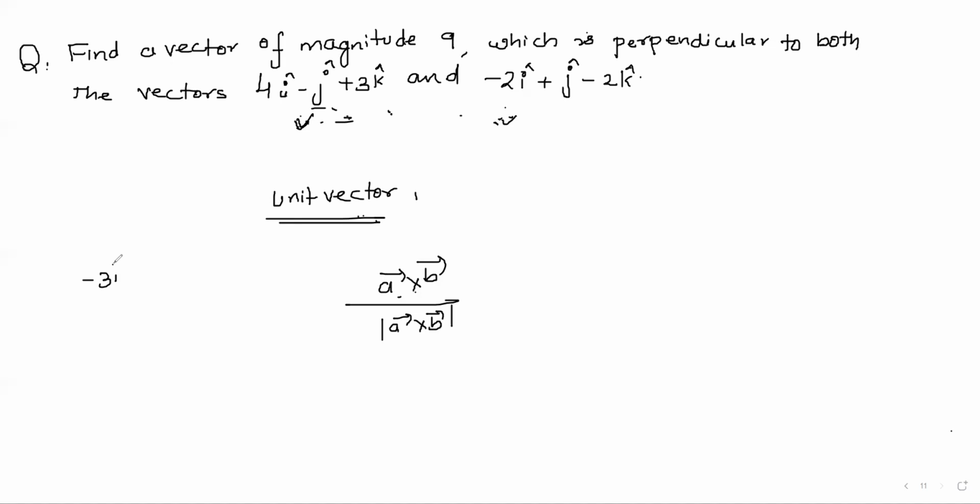Minus 3 i cap plus 6 j cap plus 6 k cap. Okay. Abdur, will you please tell me what cross product you are getting?